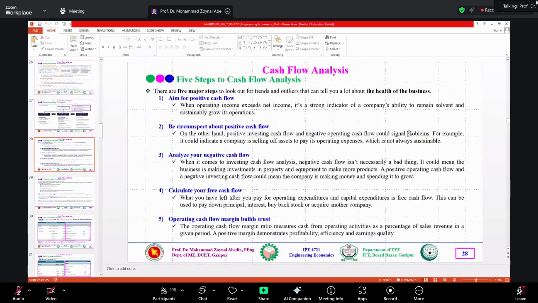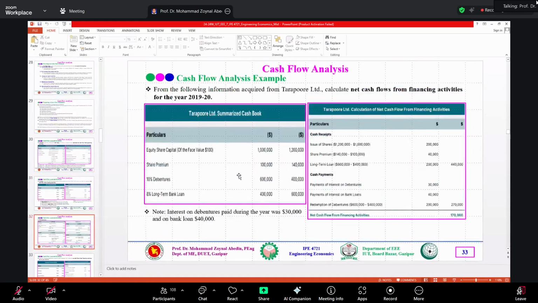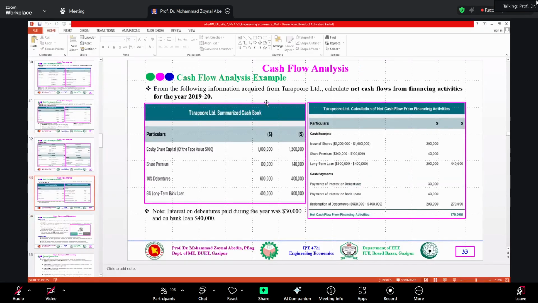And now go to the table, the last table here. The problem is: from the following information acquired from Tarapur Limited, calculate net cash flow from financial activities for the year 2019-20. Okay. Particulars: equity share capital of face value 100. Each and every share value is 100.